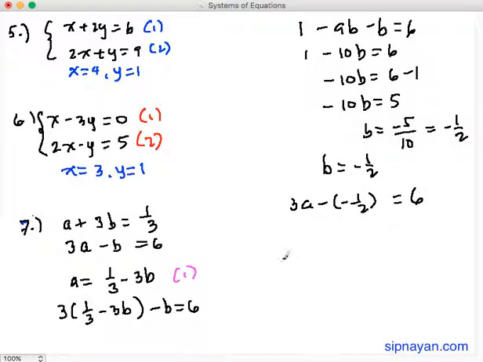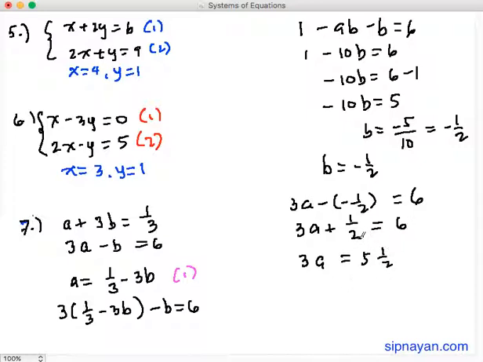Equals 6. So 3a plus 1/2 equals 6. Then 3a equals 5 and 1/2, or ang 6 bawasan mo ng 1/2, that's also 11 over 2.